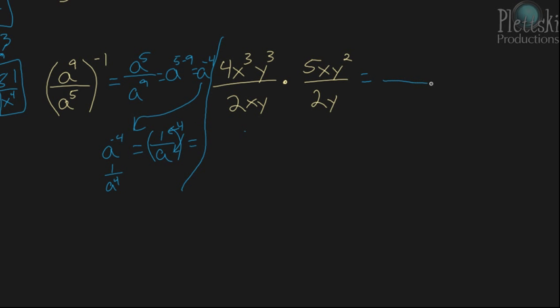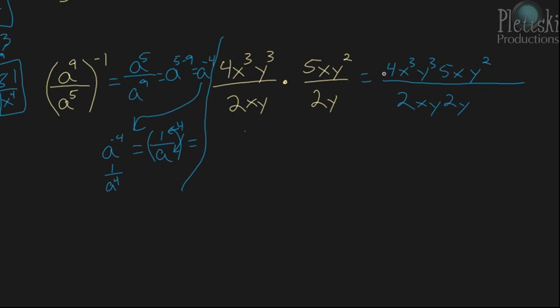So let's do that. We can write one big fraction. So we have 4x cubed y cubed times 5xy squared all over 2xy times 2y. Okay, now we can collect like terms.